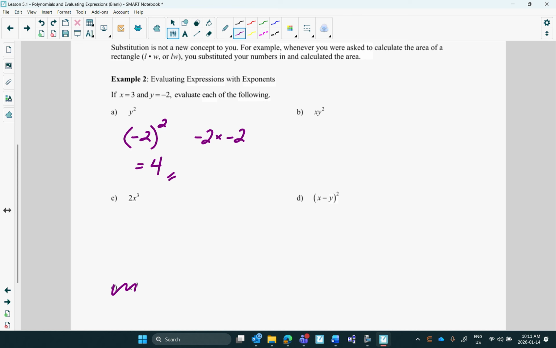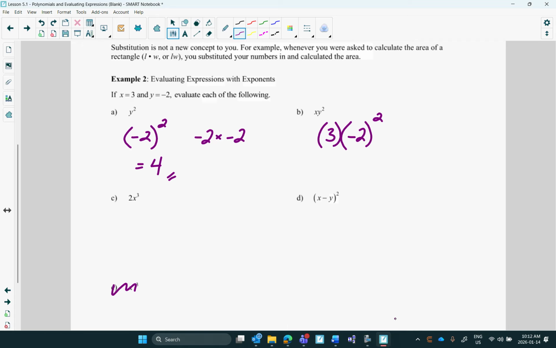Okay, this next one, instead of x, I write 3. Instead of y, I write -2 again, and then squared. Whoa. What do we do here? Well, I got two choices.